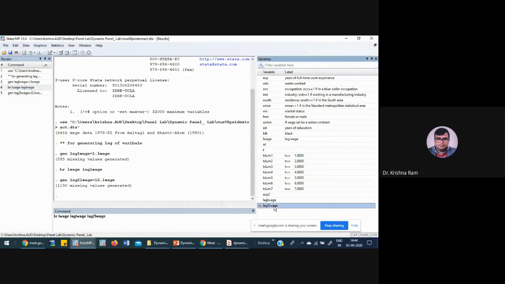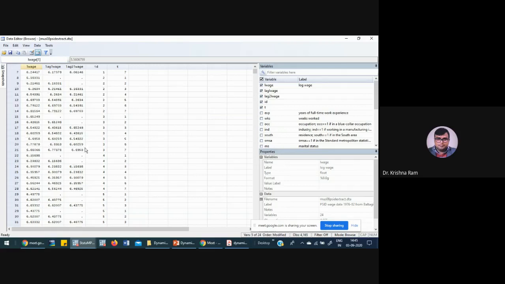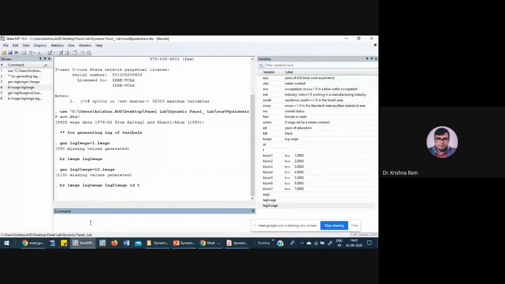The same you can see by browsing ID and T. Here, in the two-lag case, the first two periods have a missing observation for each cross-sectional unit. So this is the way through which we can generate the lag value of any variable. If you want to generate three lag values, instead of writing L2, we write L3, and so on.